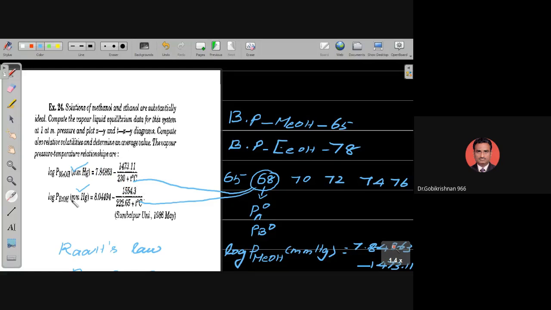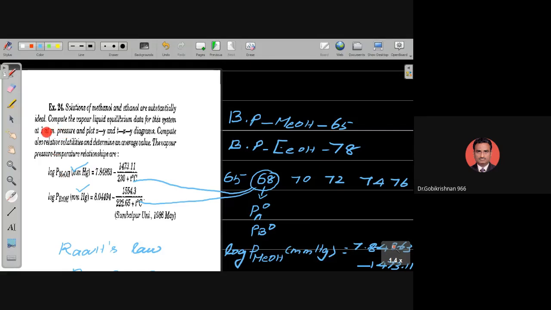Our first objective is to find out the boiling point of methyl alcohol and ethyl alcohol. We know the definition of the boiling point. Boiling point means the temperature at which the vapor pressure is equal to the atmospheric pressure.